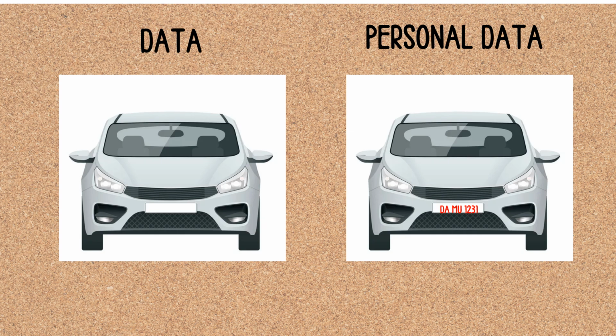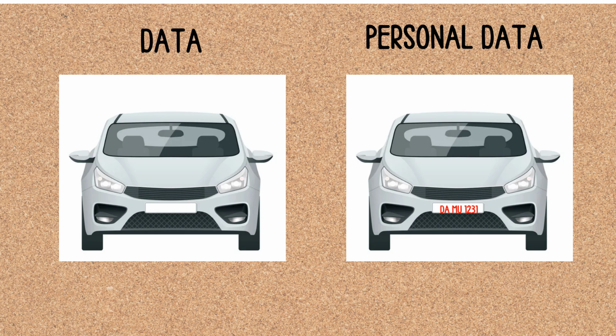Now, this is a perfect example of what is data and what is personal data. Say Pooja recently posted a photograph of her new car on social media. While this particular car itself is not personal data, it is data because it is identifying that this is a car.